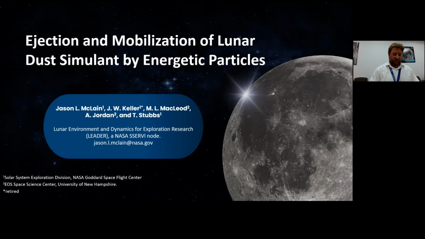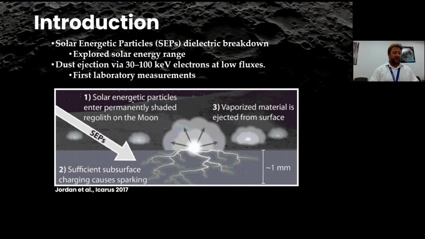I wanted to start by giving you an idea about what solar energetic particles are. It might be interesting to know that solar energetic particles have an isotropic nature, and so they're very much disconnected from the solar wind.